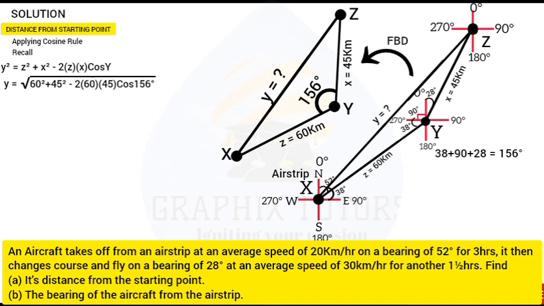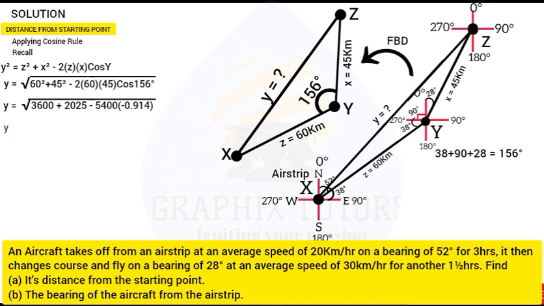And the angle in front of the cos is 156. Now if I move further, my y will give me the square root of 60 square is 3600, plus 45 square is 2025, minus 2 times 60 times 45 is 5400, and cos 156 is minus 0.914.